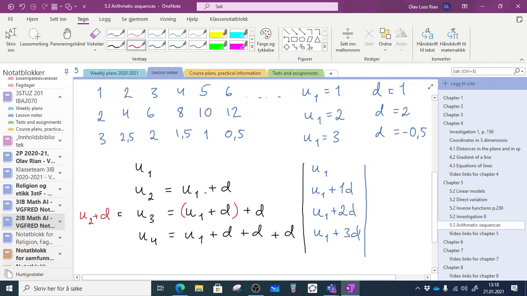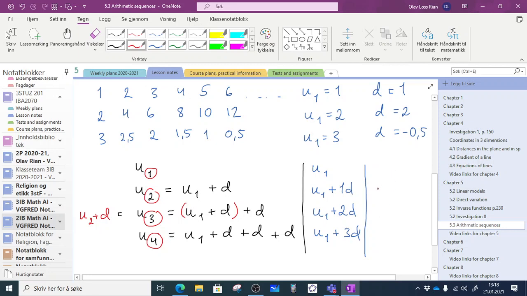And to be completely systematic about this, I want to use these indexes to create a rule for creating new terms of the sequence. The problem is for the index 2, the second term, U2, I have a 1 over here. For the third term, I have a 2 over here. For the fourth term, I have a 3 over here.